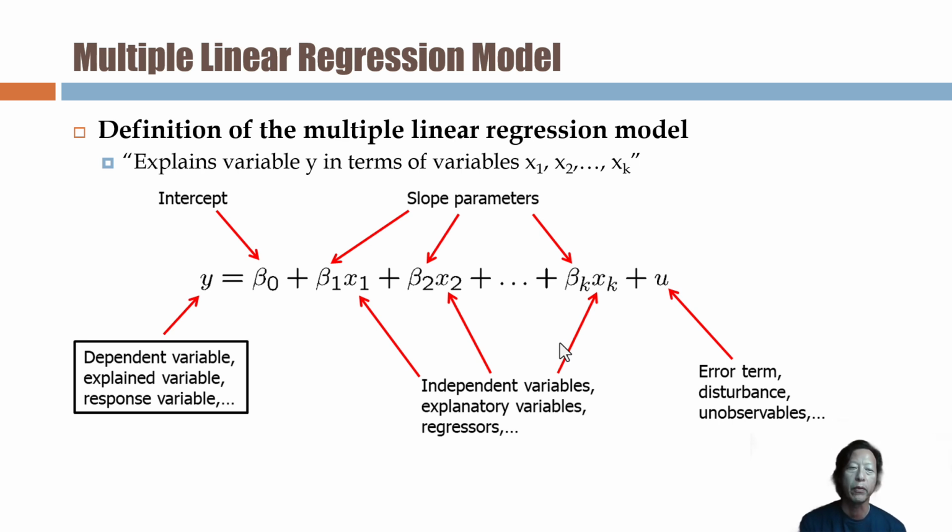Still, we will have one dependent variable, one explained variable, one response variable. Other than that, it's exactly the same. We will have a u, which is the error term, the same way, and we will estimate our dependent variable y using x1, x2, x3, x4, and so on.